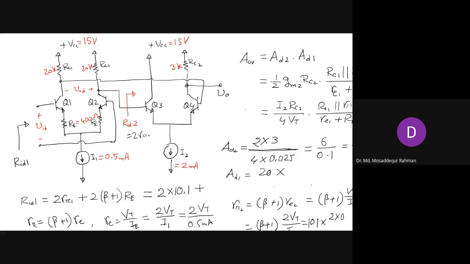Vt, if you convert into volt, 0.25, and I2 in milliampere is 2 milliampere. Okay.